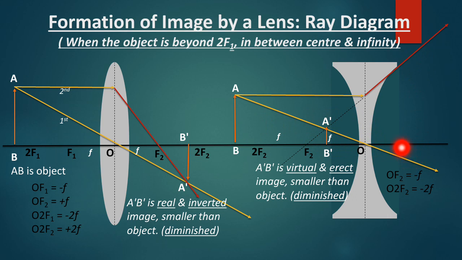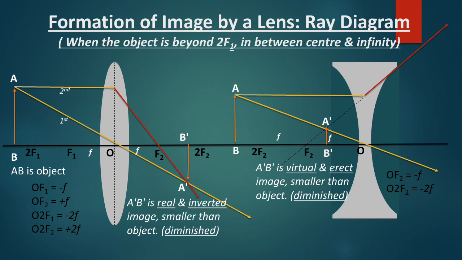So we have just produced this line backward, so that we get the appearance of the point from where the light rays are originating. And that's why this point is the image, I mean it is the virtual image. So A dash B dash is the virtual image, erect image, and a diminished image of this object, correct?